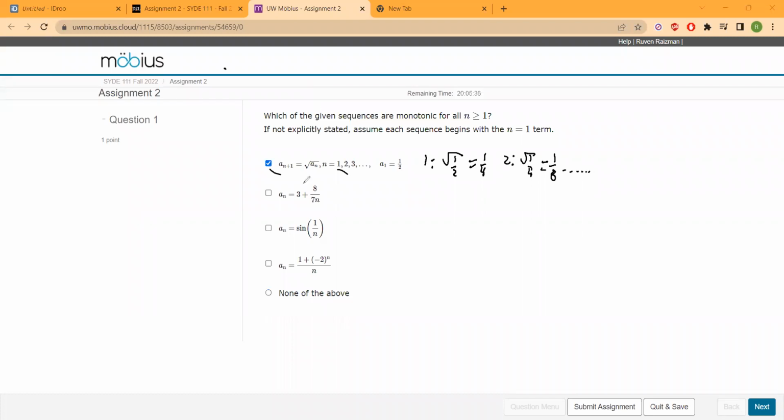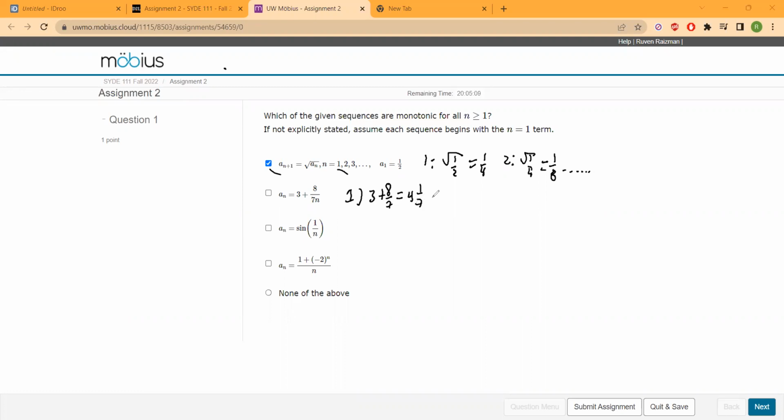Then if we continue, we're going to reach our next one. So an is equal to 3 plus 8/7n. And again, we're just going to check whether this is true or not. For the first term, if n is equal to 1, we're going to get 3 plus 8/7, which is going to be equal to 4 and 1/7.